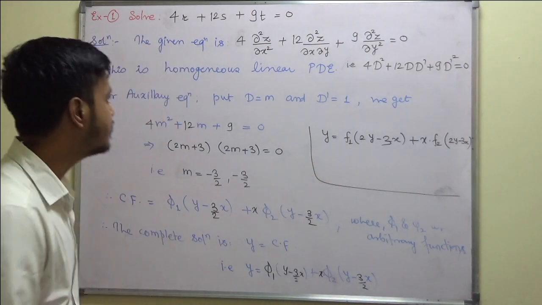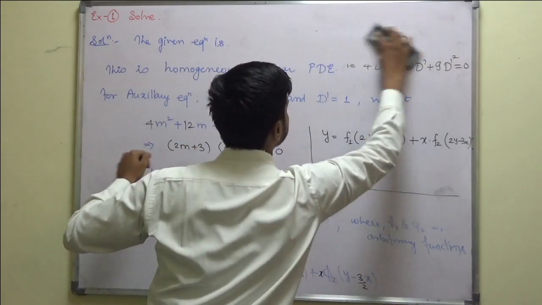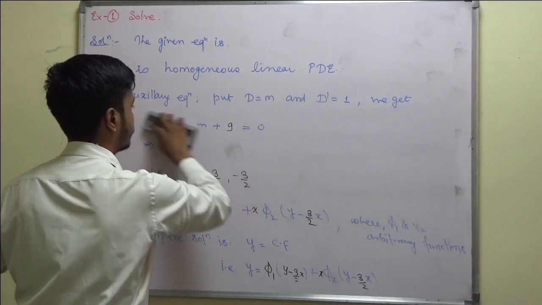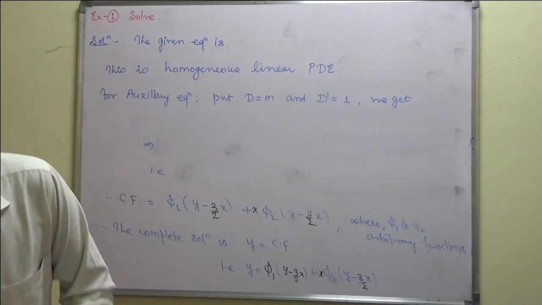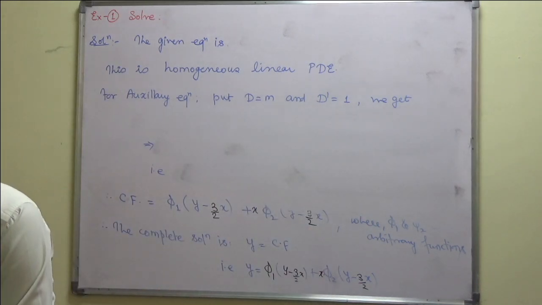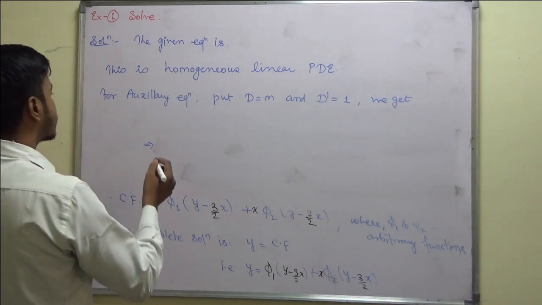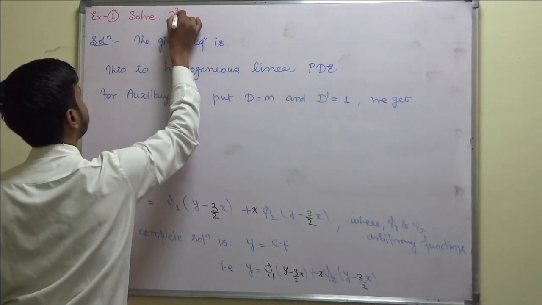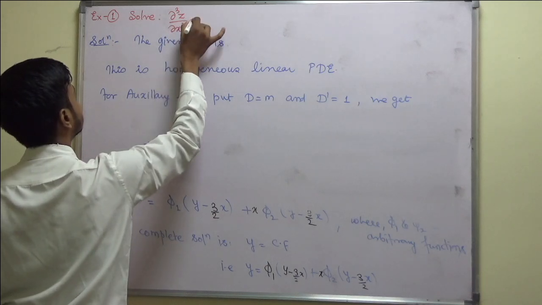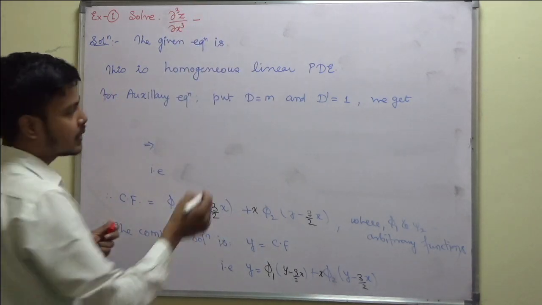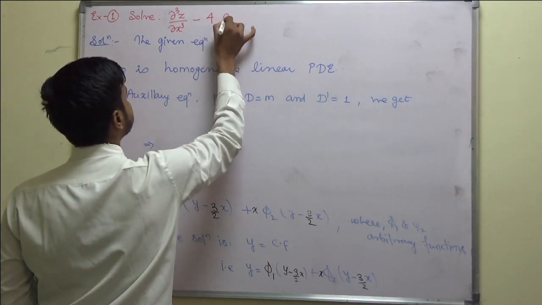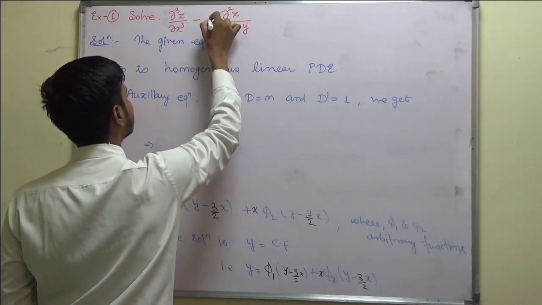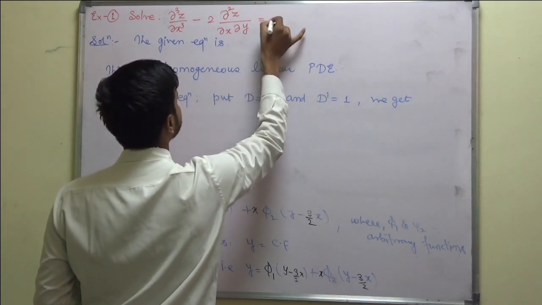Now let us take one more problem. Solve del cube z by del x cube minus 2 del 2z by del x del y, let us take it 2 to make it more interesting, is equal to 0.